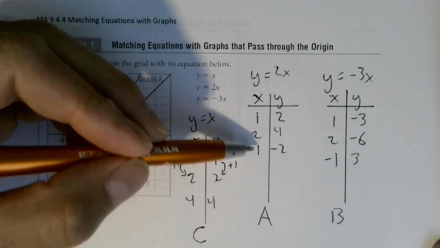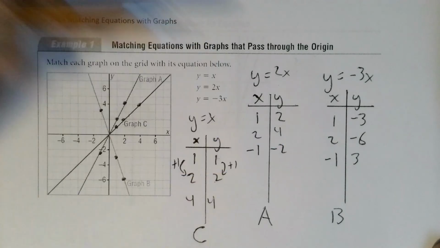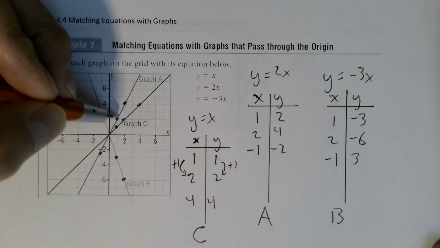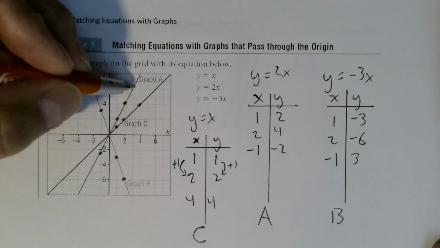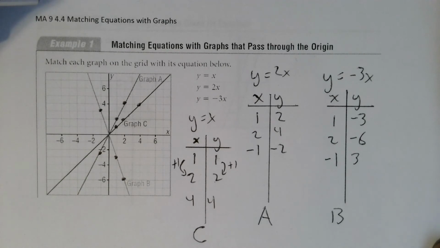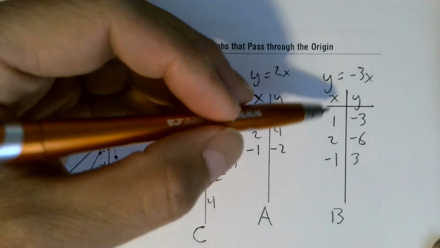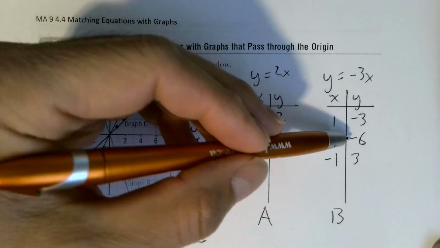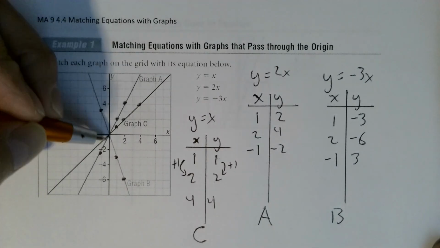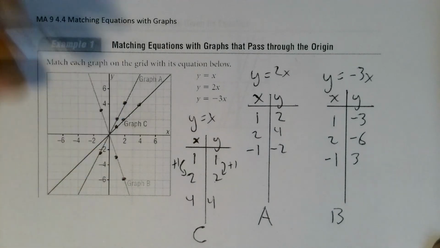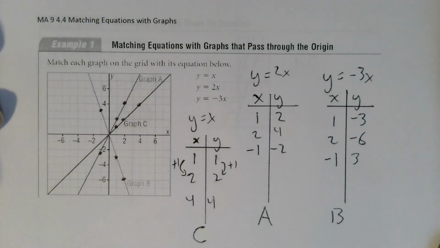X's are going up by 1, Y's are going up by 2. So we'd have to go over 1, up 2 between points, which is going to give us graph A. And then in the last one, graph B, these are going up by 1, those are going down by 3. So we'd go over 1, down 3, over 1, down 3, over 1, down 3. And that's more Math 10 stuff, but they just want to introduce you to that idea.